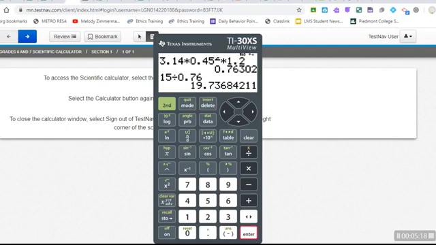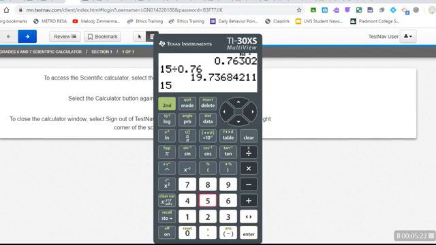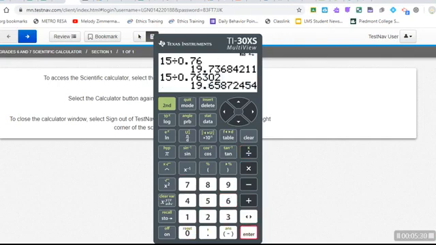So we get 19.73. Let's see if we get different if we do the whole thing. 15 divided by 0.76302. We still get 19 decimal. Okay, so 19.736. So 19.74.